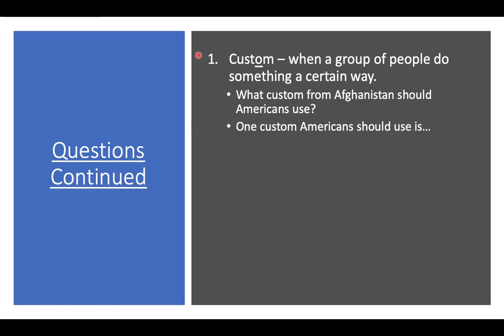So for example, when you meet someone, you might shake their hand if you live in America. So in America, when two people meet for the first time, they shake hands. That's a custom. So, what custom from Afghanistan should Americans use? And you might say, one custom Americans should use is.